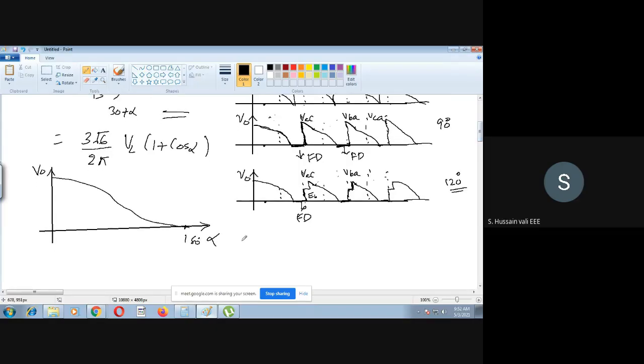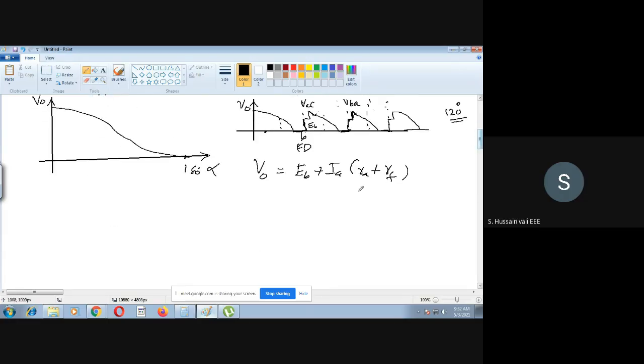How do you find out the relationship between torque and speed? Because we have this equation: V naught is equal to EB plus IA into RA plus RF this time. And the second thing is what is EB in case of your DC series motor? Just recall yourself: K1 N plus K2 N phi.